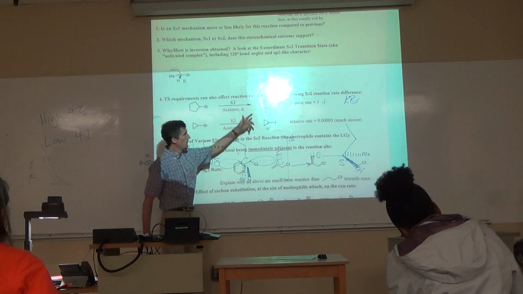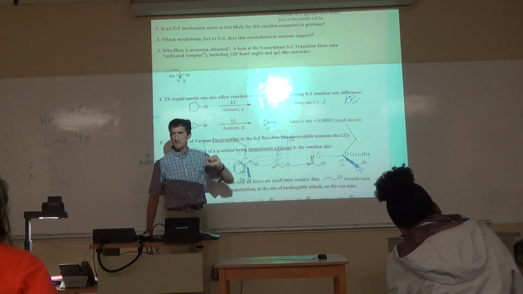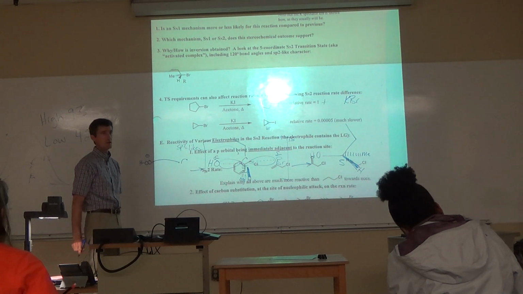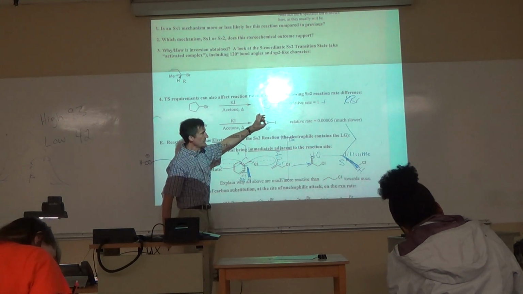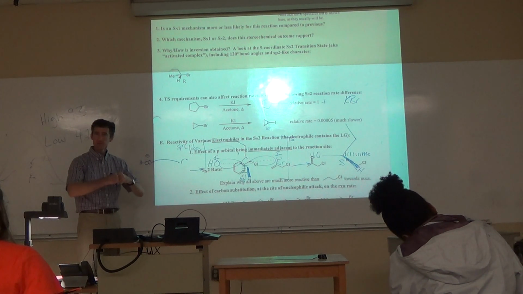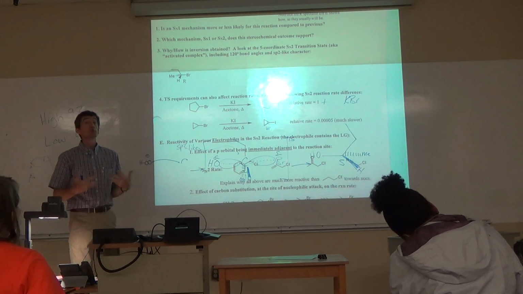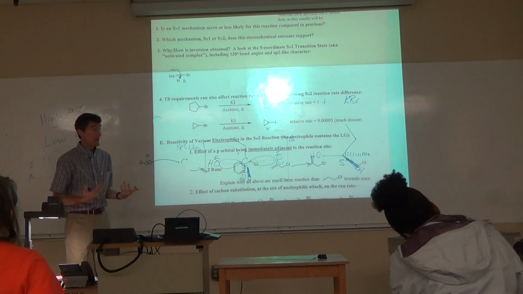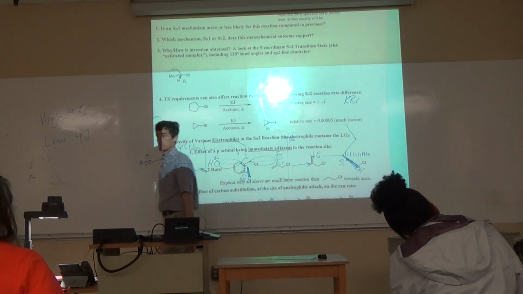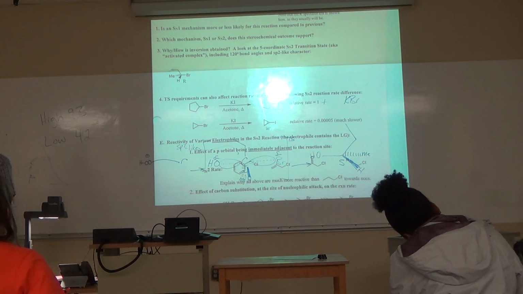Question is really, which one can achieve 120 easier? The answer is the top one. This ring down here keeps it from achieving the ideal transition state. Now apparently it can still happen because it does react. 120 is ideal.